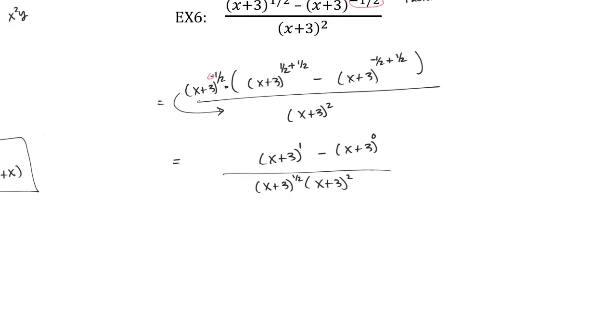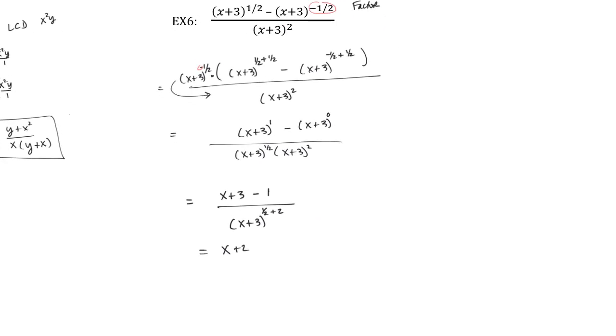So this then would become x plus 3 to the 1, that's just x plus 3, and then anything to the 0 is just 1. And then we get to add exponents down in the denominator, so it'd be 1/2 plus 2. And finally, we get x plus 2 in the numerator, and x plus 3 to the 2.5, that would be 5/2.